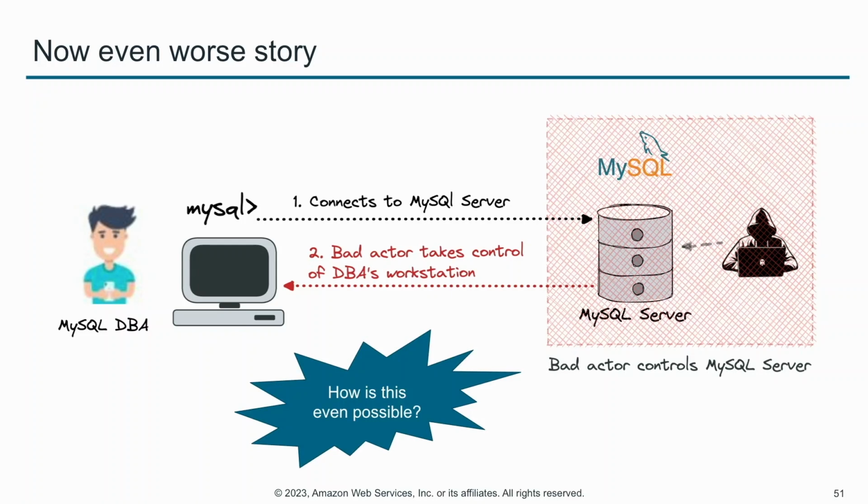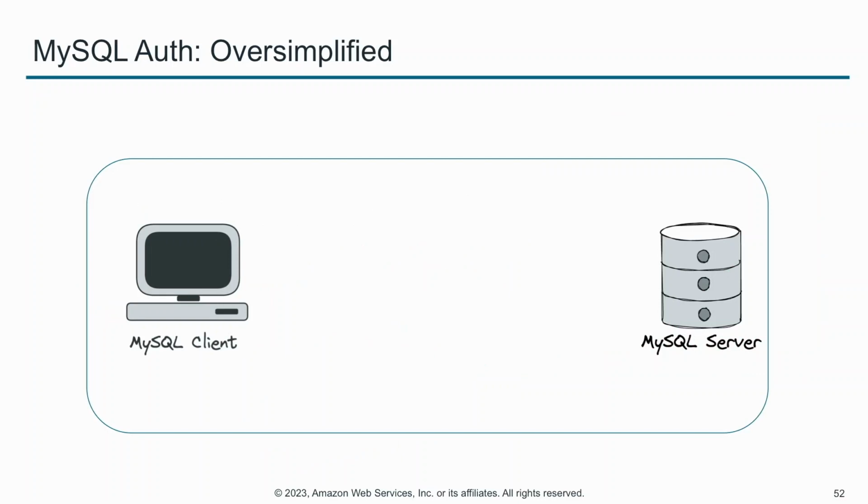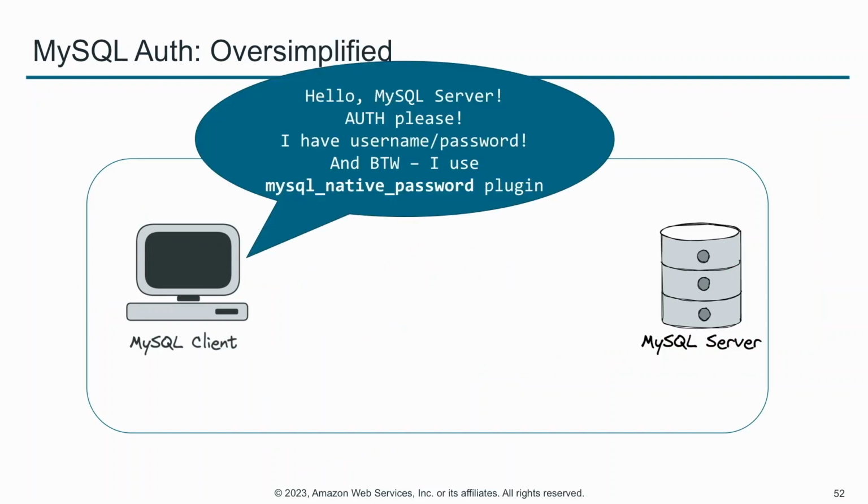So how is this even possible? To understand how this is possible, we'll need to look at the auth phase. How does a MySQL client perform authentication against the server? I have created this oversimplified presentation of how the connect phase and auth phase work. The MySQL client connects to the server and says, hello, MySQL server, I want to auth, and I have a username and password.